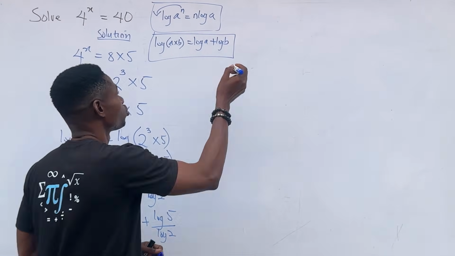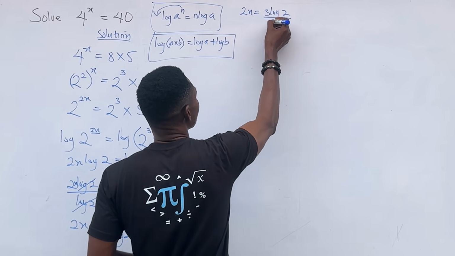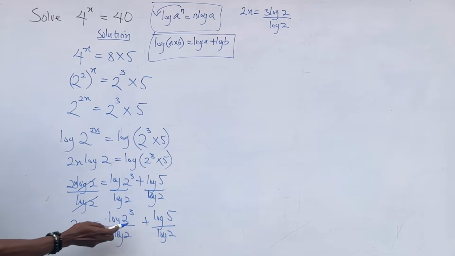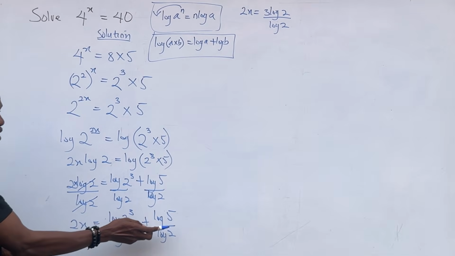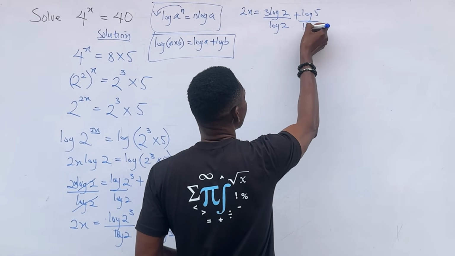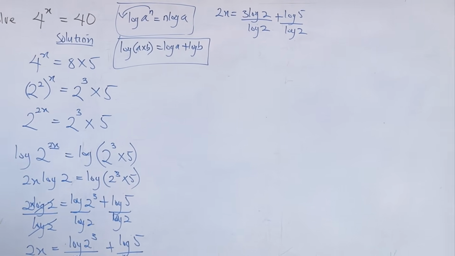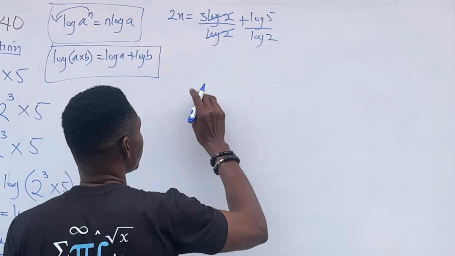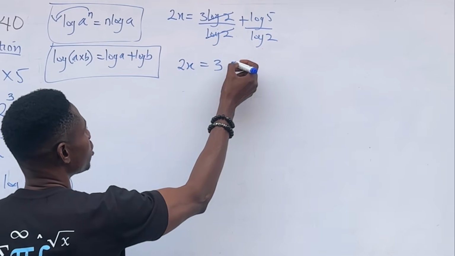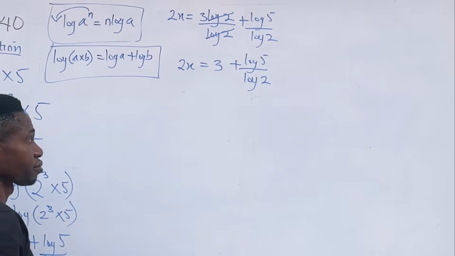So 2x is equal to 3 log 2 over log 2, plus log 5 over log 2. Okay, so this can cancel this, obviously. So we have 2x equal to 3 plus log 5 over log 2.